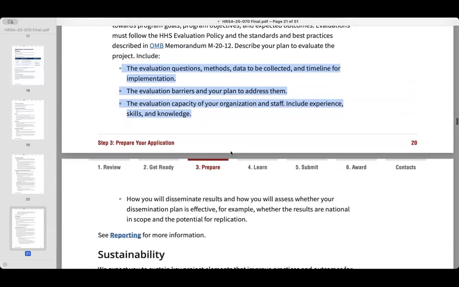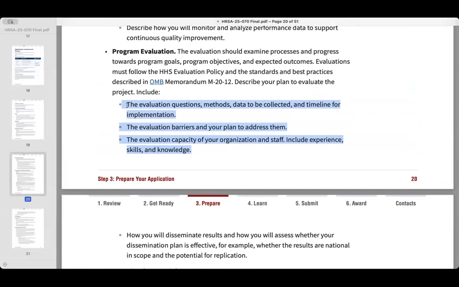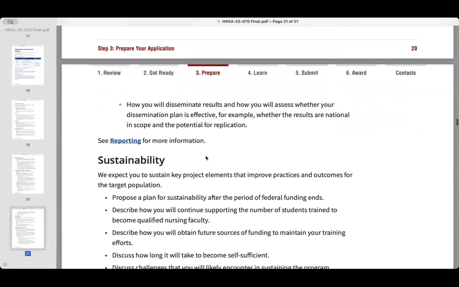If you're using a standardized instrument, and there are some for evaluating nursing programs, part of your narrative for why you've done this is that other people have used it. This will give comparability and allow us to track things as demonstrated in this other program.